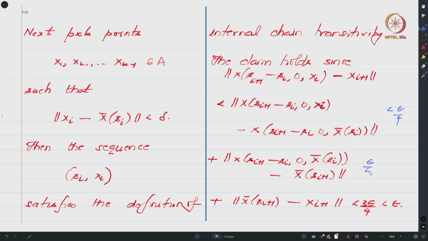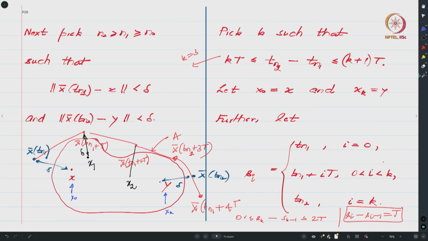So if you combine all of them, one can conclude that the sum of these 3 terms will be upper bounded by 3 epsilon over 4, which is strictly less than epsilon. In other words, what we have managed to show is that if you start a solution trajectory from this intermediate point, then after a time instance t, the distance between x1 and this solution trajectory will be at most epsilon.